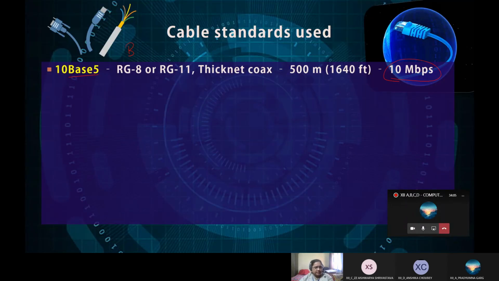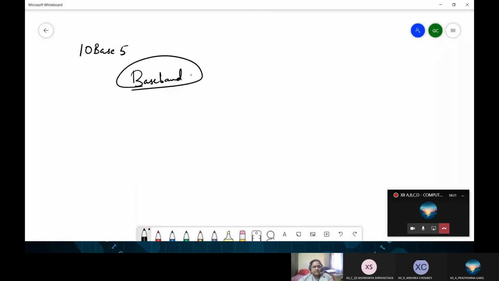I will not go deeper than this, because then it would go beyond the scope of our syllabus. Okay, once we complete our syllabus, then maybe I can explain to you in detail about what is baseband. Even I have to study a lot about this, because this becomes a concept of physics. So I cannot go into physics over here because I also have students from commerce background.